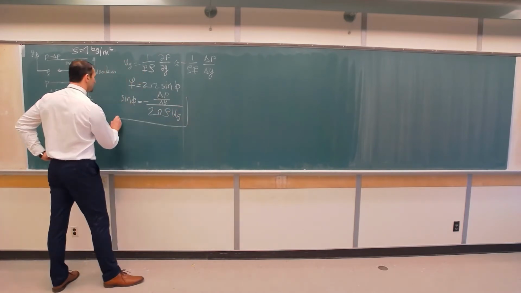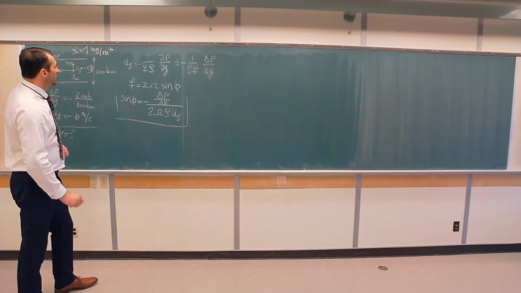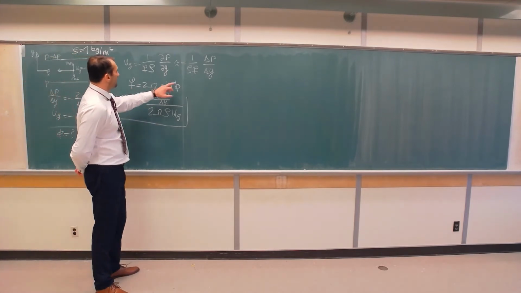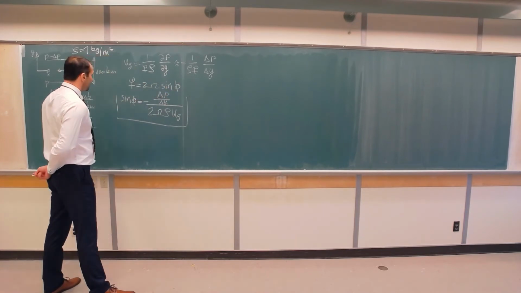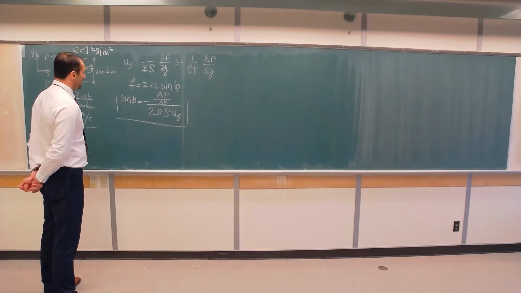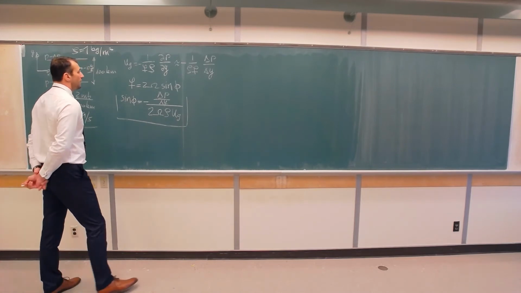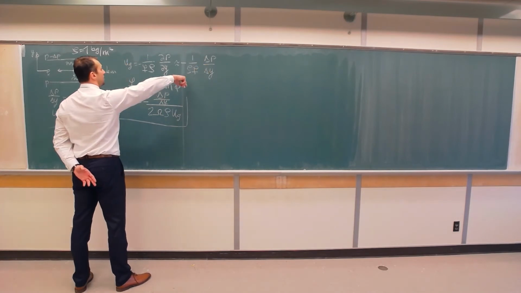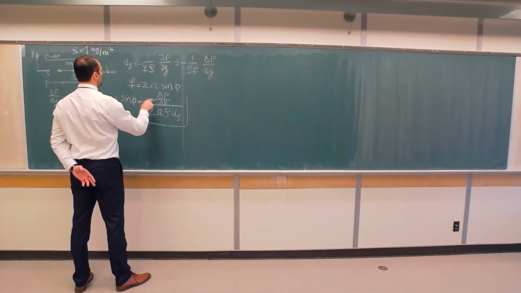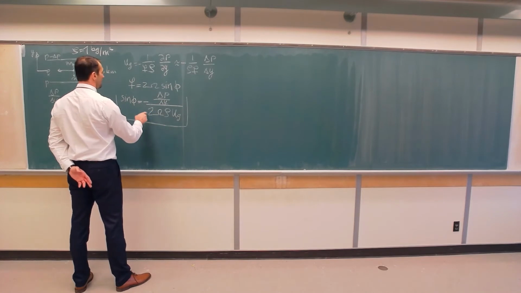I hope I did this correctly in my head. So when I substitute F over here, I will get rho times 2 omega sine phi. And then sine phi is equal to this divided by rho, divided by UG, and divided by 2 omega.